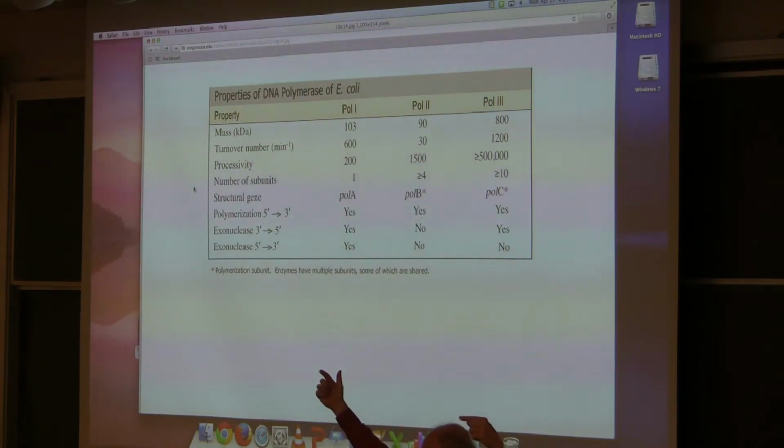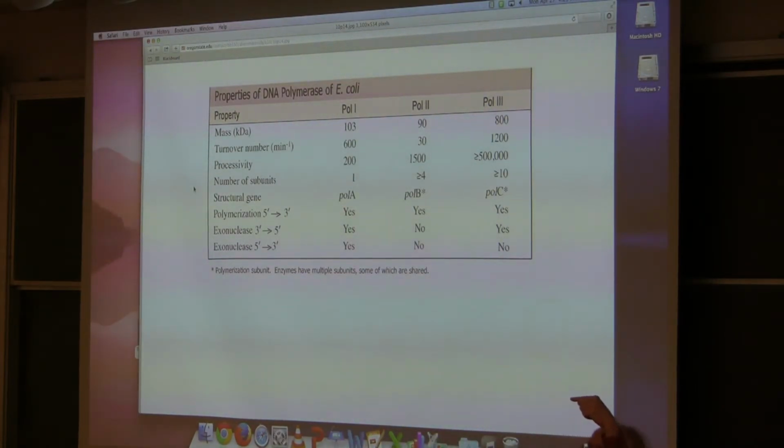Everybody with me? The polymerase is going along, and it looks at the top strand, and it sees a G, and it puts in a C. And it sees a T, and it puts in an A. And it sees a C, and it puts in a G, and it sees a T, and it puts in an A, and it sees an A, and it puts in a T, and it sees a G, and it puts in a G. Uh-oh. I made a mistake. I put a G across from a G.